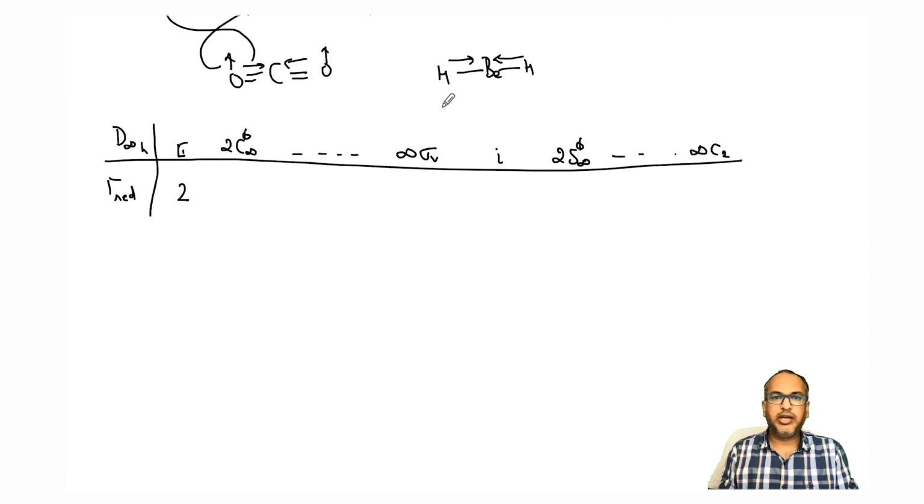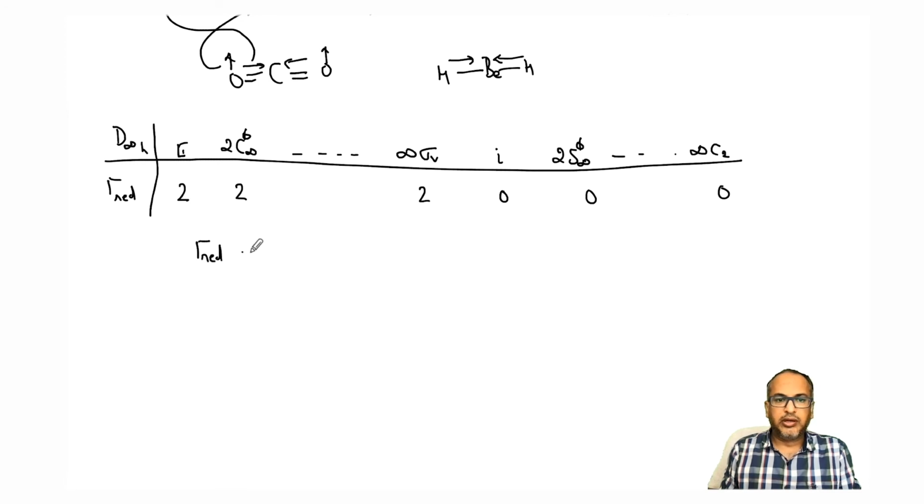Under C∞ also these arrows would not change. Under σv, the arrows would not change. Under i, both the arrows will change. So the characters are 2, 2, 2, 0, 0. Now this Γ reducible, by inspection, reduces to Σg+ plus Σu+.